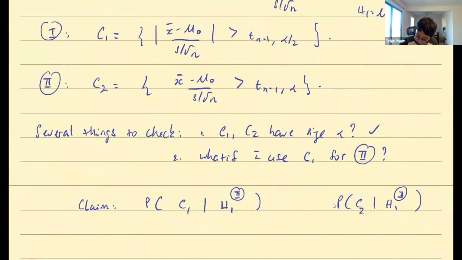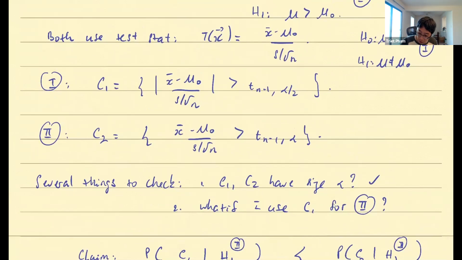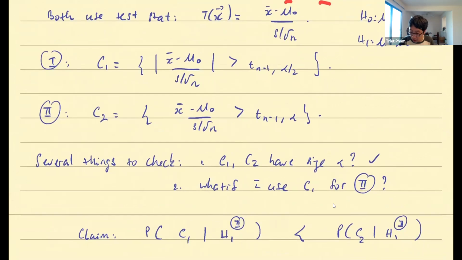So in other words, if the alternative is true in test 2, if the true mu is bigger than mu naught, then the second region will detect it more often than C1. That's what we're saying here. So here the power is larger. If you want to go with power, like what Jianlin was suggesting, you just do the opposite. But this is exactly the point of why C2 is the most appropriate.